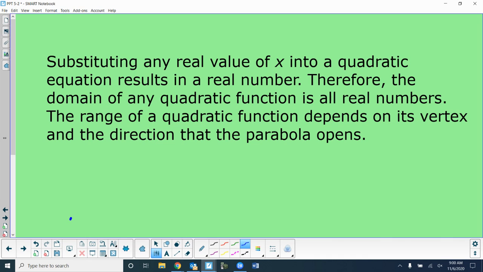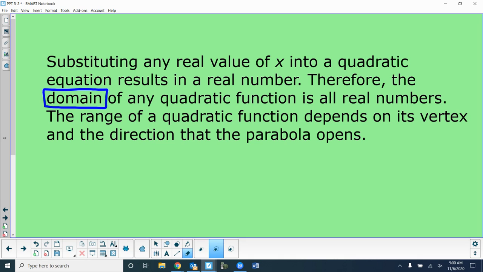It says substituting any real value of x into a quadratic equation results in a real number. Therefore, the domain, which is what? The x value. So all the x values of any quadratic function is all real numbers. Which axis is the x-axis? This one, right?